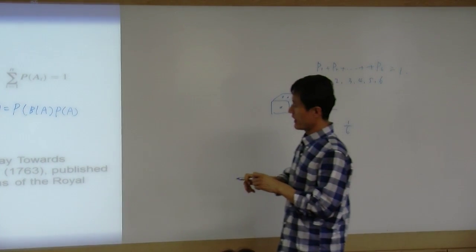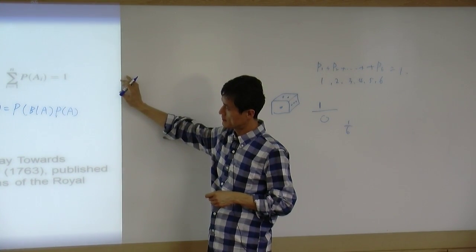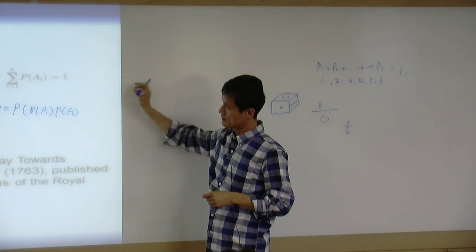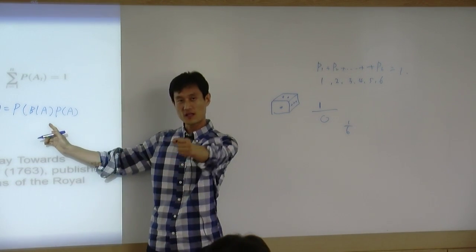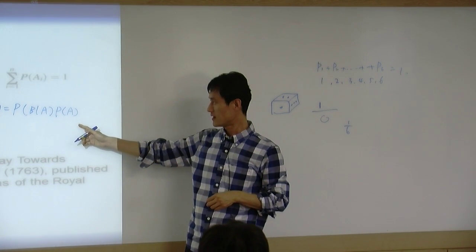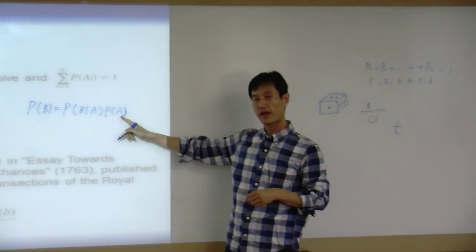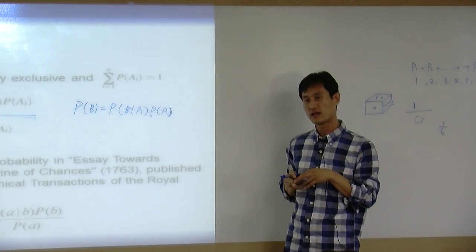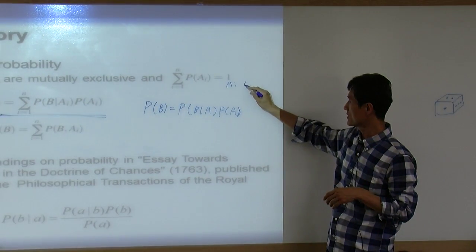Let's think about that A. Let's say A is the probability that weather is sunny.